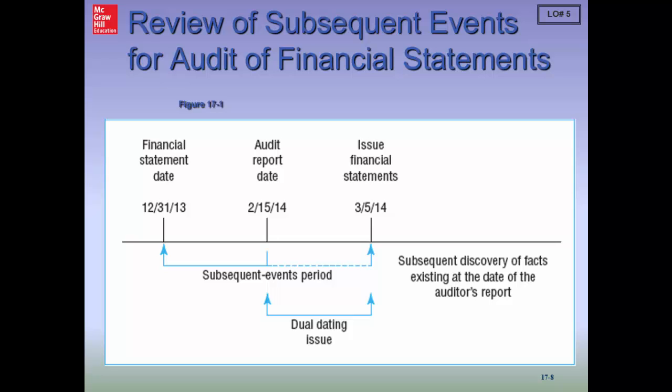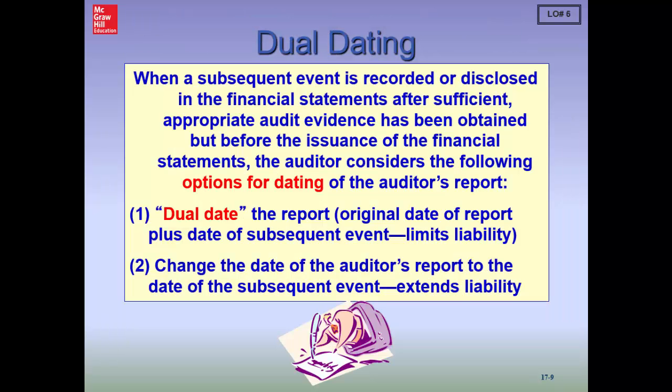Now, what we're concerned with is this dual dating period, or potential dual dating period, that is between the conclusion of the audit, when the auditors leave the organization, to the issuing of the financial statements. What we see here, when an event occurs in this dual dating period, is we have two options, one of which is to dual date.